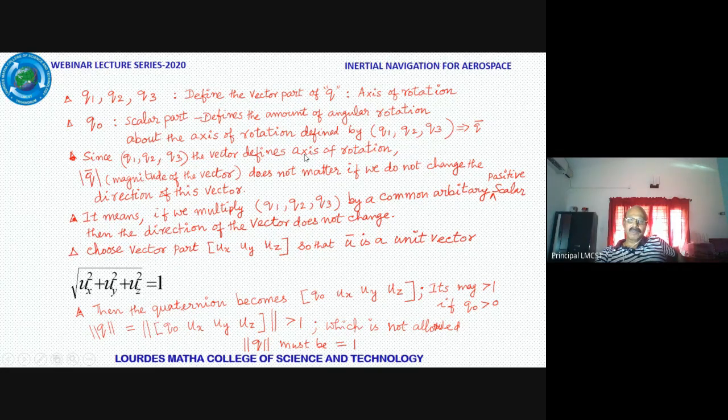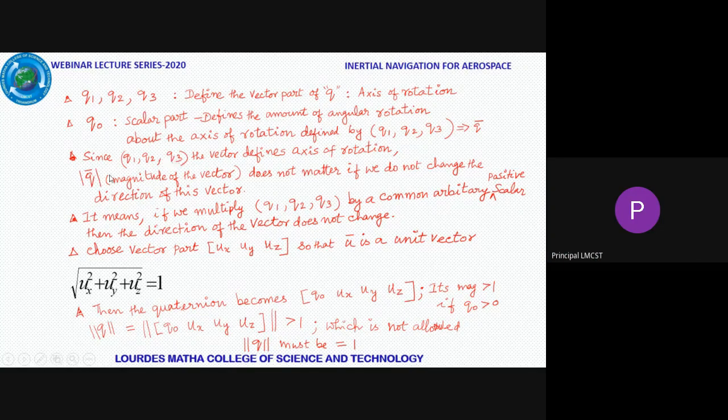The axis of rotation is only a direction. The length doesn't matter. And therefore, if I have the vector Q1, Q2, Q3, together I call Q bar, the vector part, the magnitude of this does not really matter to us.